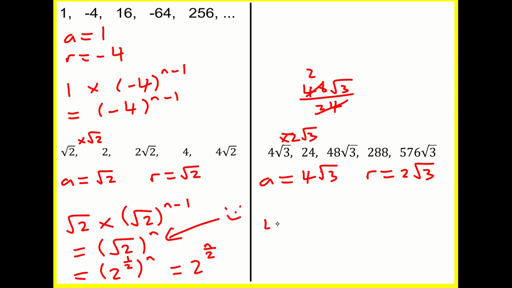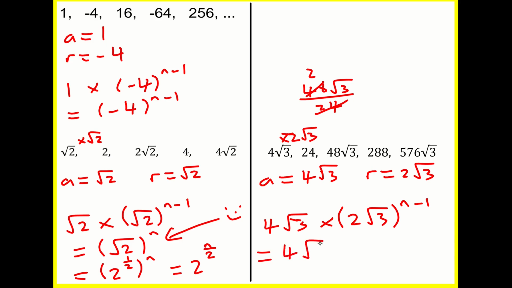The nth term is going to be 4 root 3 multiplied by 2 root 3 all to the power of n minus 1. This method really does work well if you can remember that nth term. Right. Can I simplify it? I can.